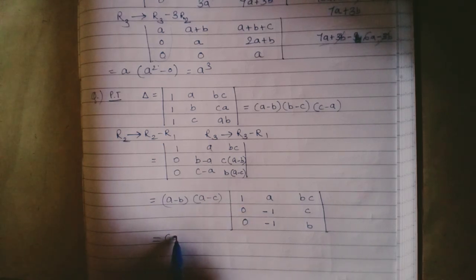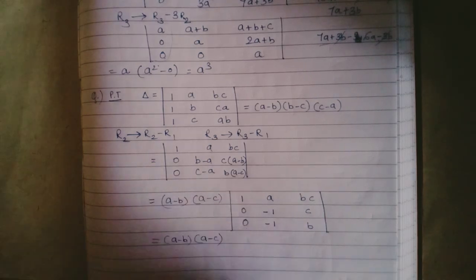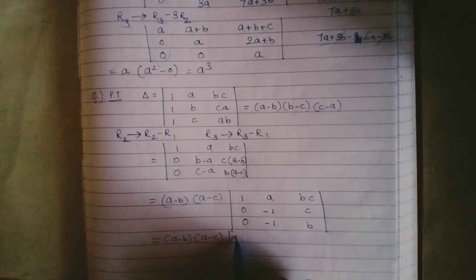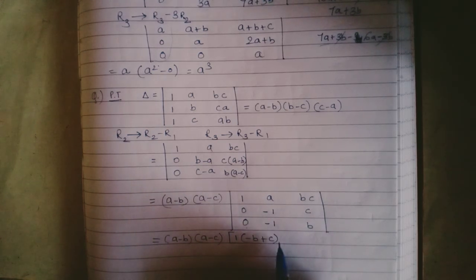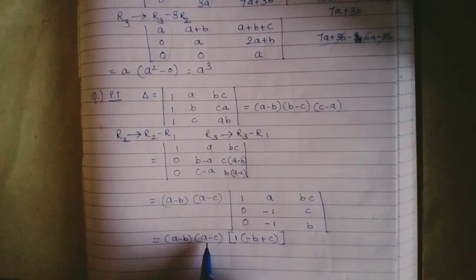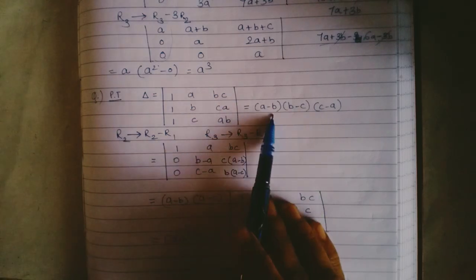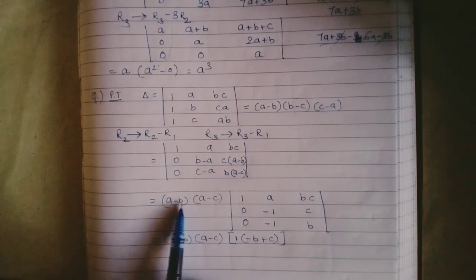If you expand along column C1, you will get 1 into minus B plus C. We have A minus C, but what we wanted was C minus A. A minus B we got.